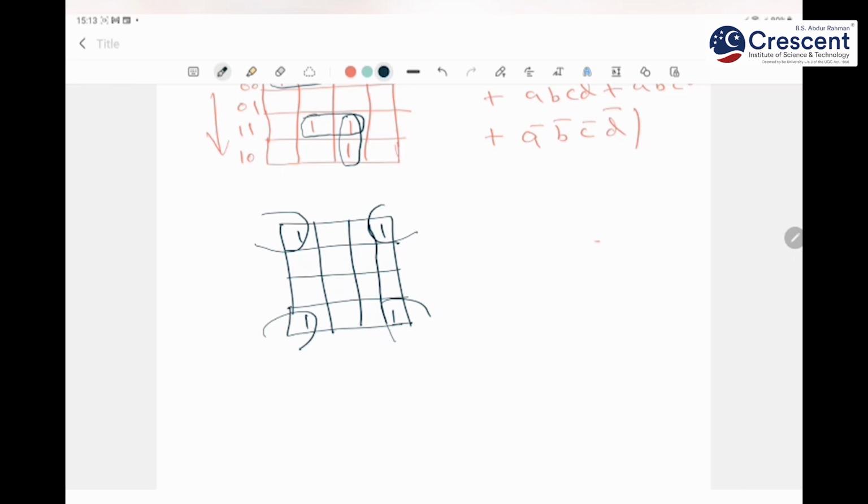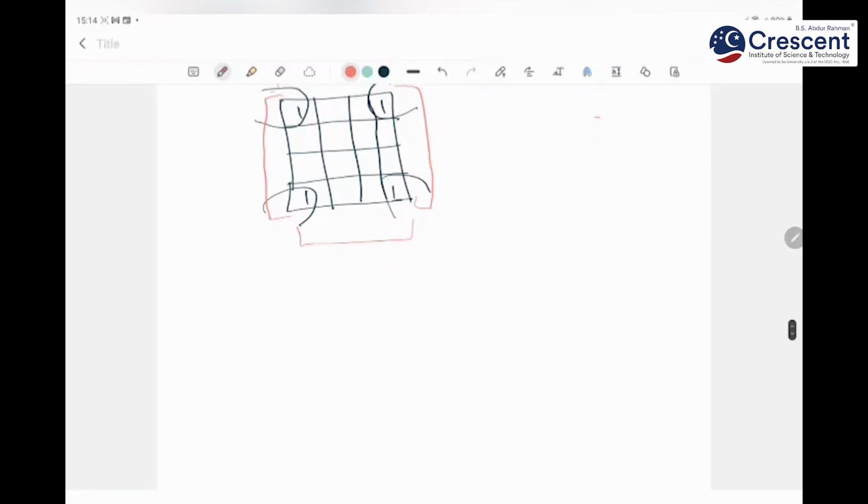If you fold this, you can touch this part of your map with this part at the end. Similarly you can combine this with this. Or you can also imagine one more possibility like this.